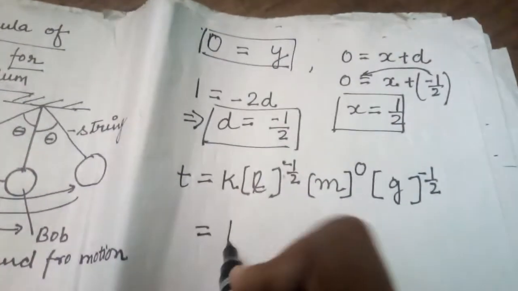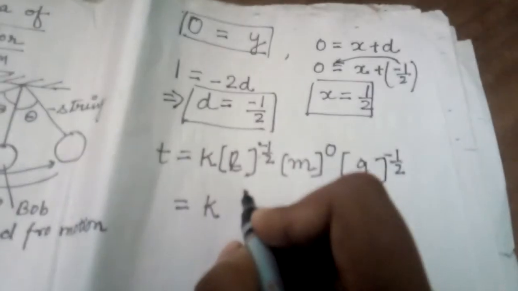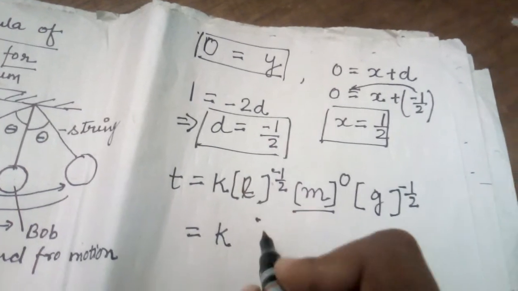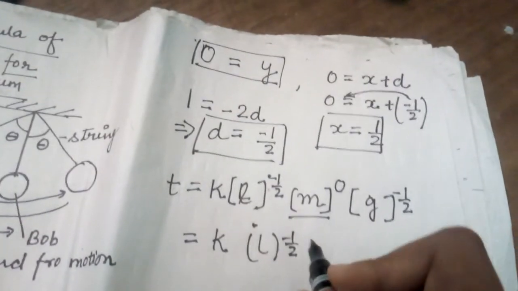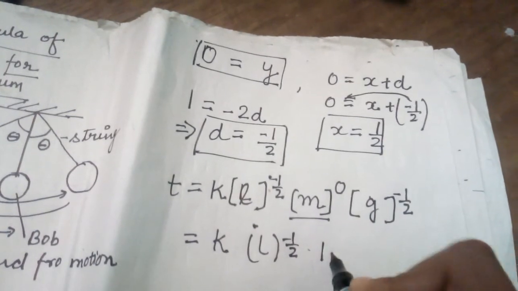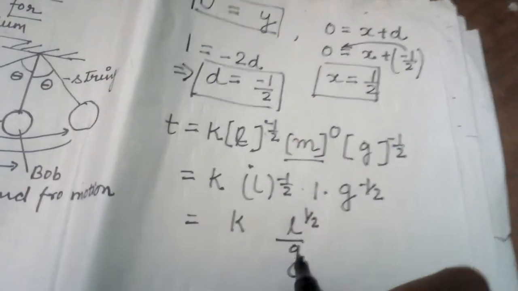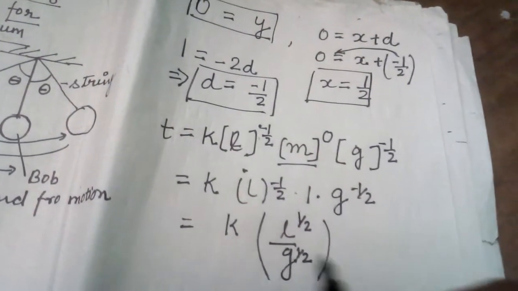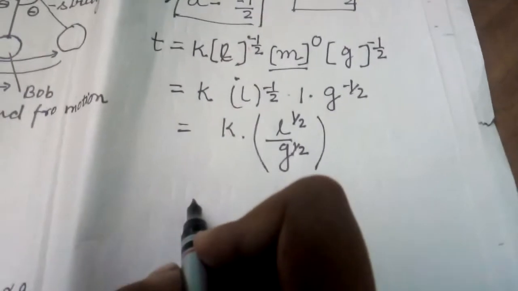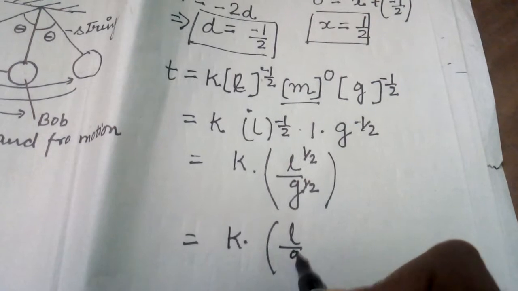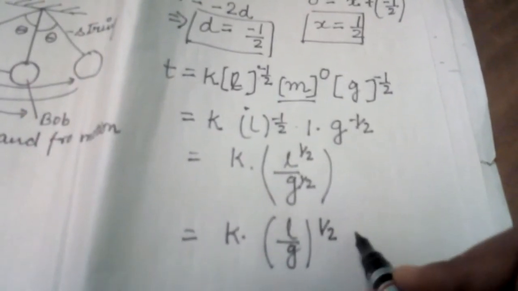So now k, m having 0, if anybody having power 0, it becomes 1, so L to the power 1 by 2 into 1 into g to the power minus 1 by 2. So we can also write it as L upon g, the whole to the power 1 by 2.